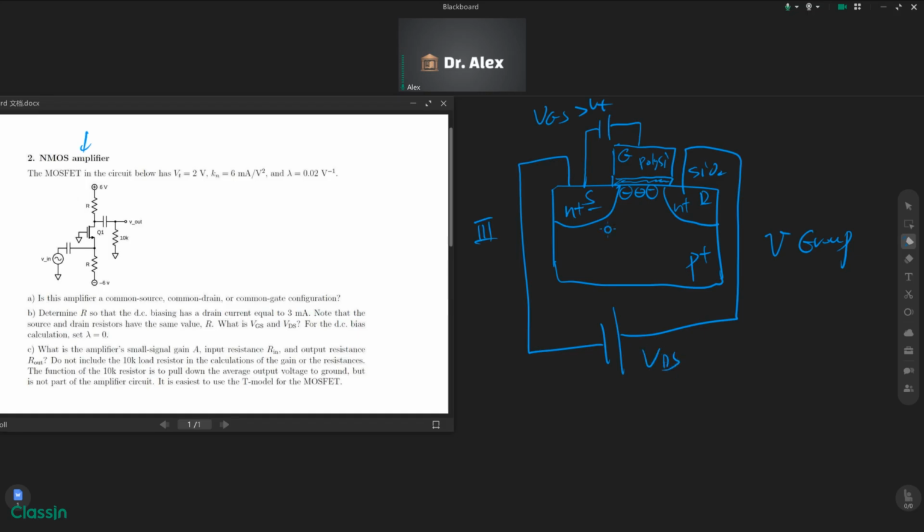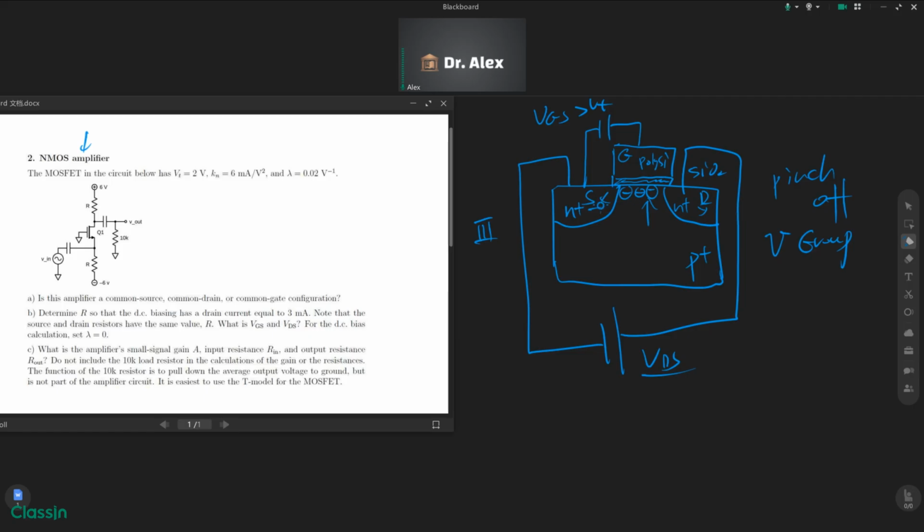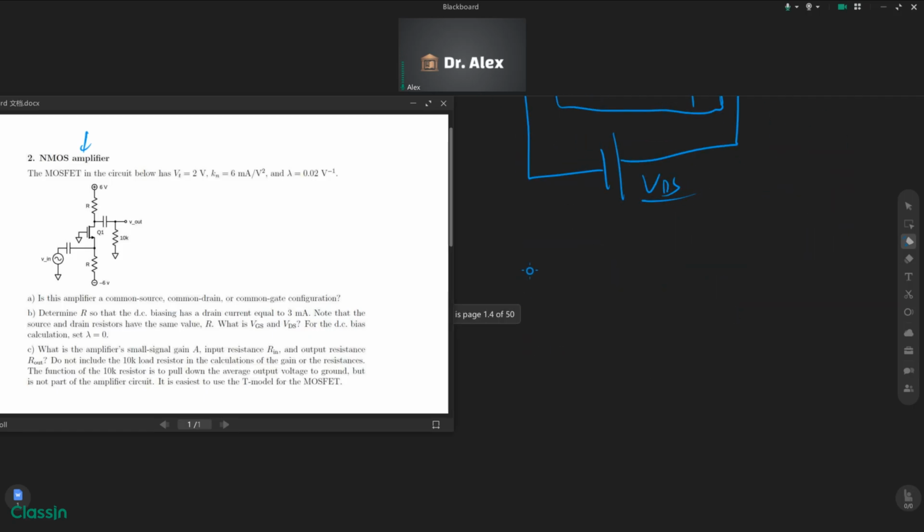Presently, we can generate a current flowing from source to drain. And if the VDS is large enough, a phenomenon called pinch off happens in the channel. So that's the basic idea. The current between source and drain, we call it ID.